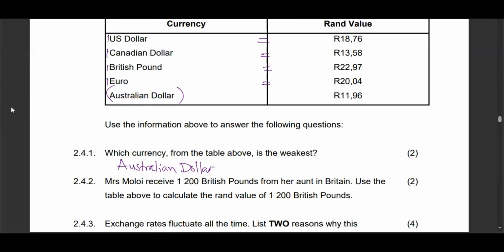Then Mrs. Molloy receives 12,000 British pounds from her aunt in Britain. Use the table above to calculate the rand value. So we say if only 1 British pound equals 22 rands 97, what about 1,000? So we shall need to multiply.